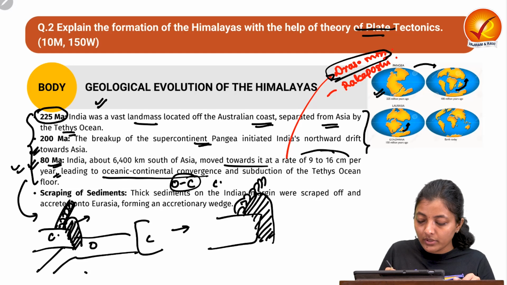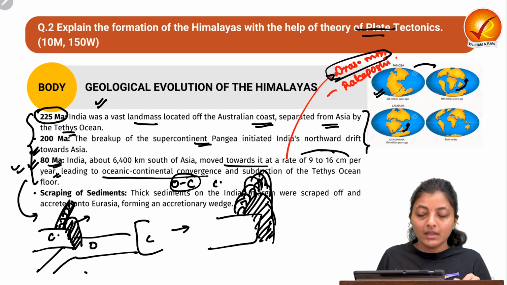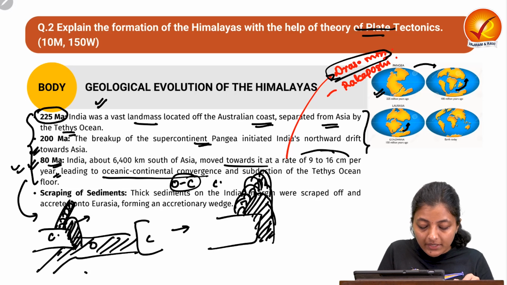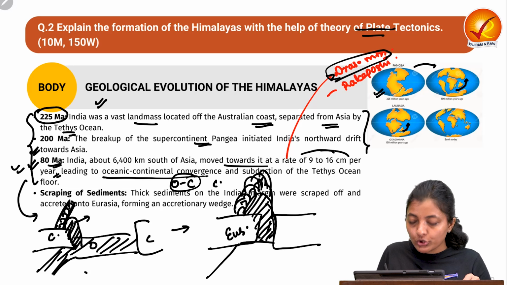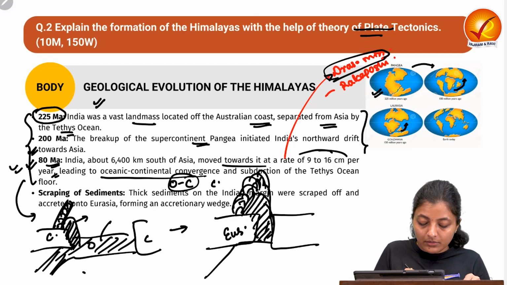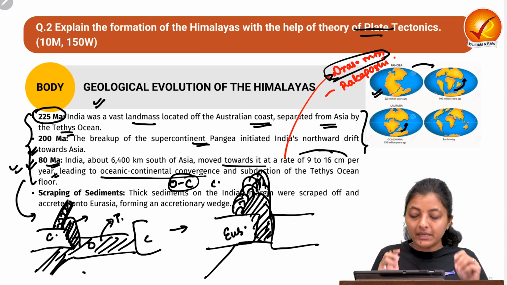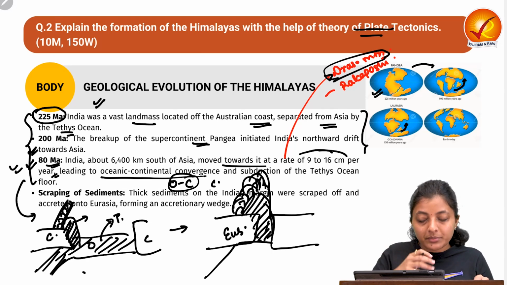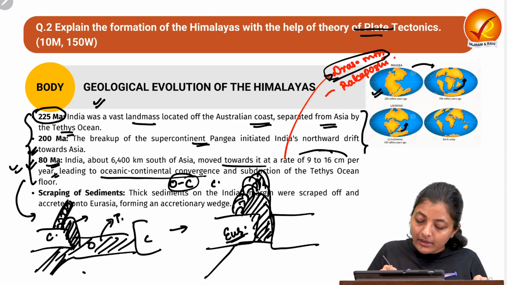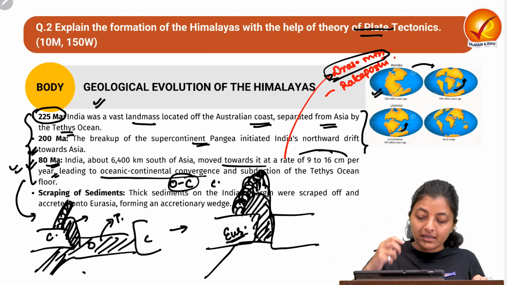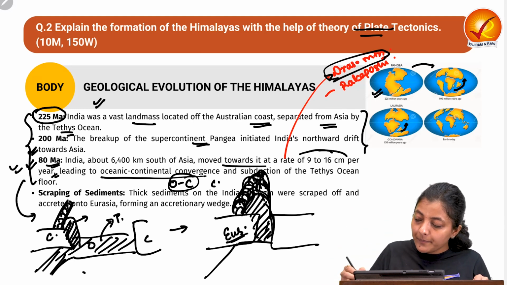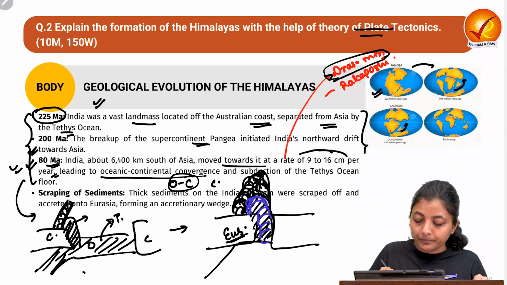This is the volcanic mountain range, this is the accretionary prism, and all this oceanic plate gets subducted beneath the Eurasian plate, and finally there is a complete absence of the oceanic plate, the Tethys Sea. Now it is fully subducted beneath the Eurasian plate, resulting in the partial melting of the oceanic plate and the creation of the volcanic arc and the accretionary prism over here.